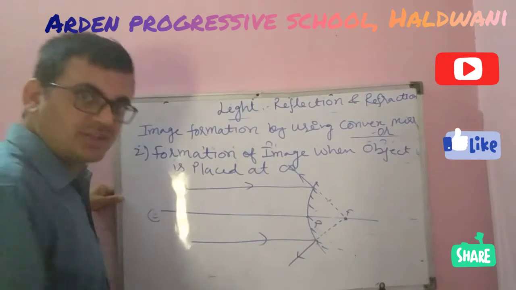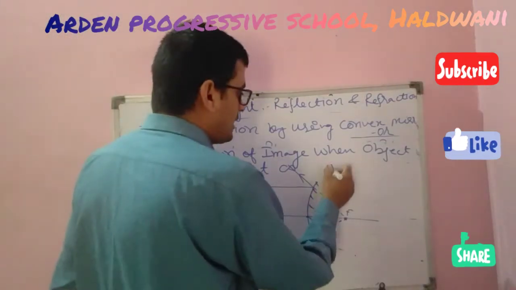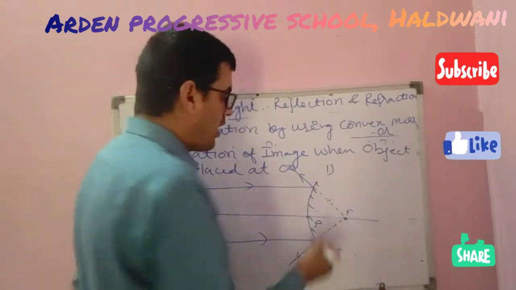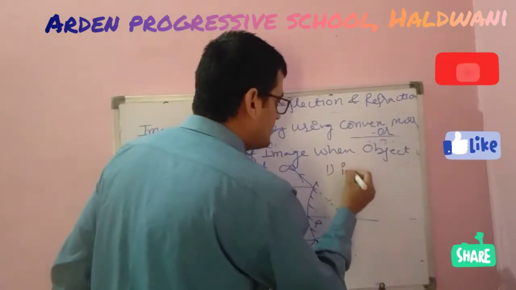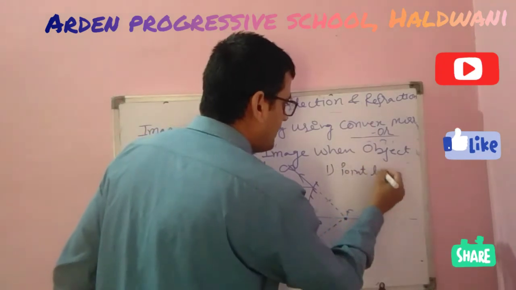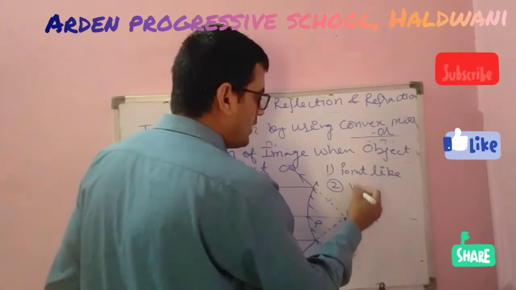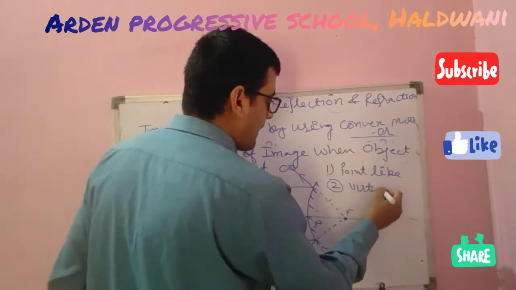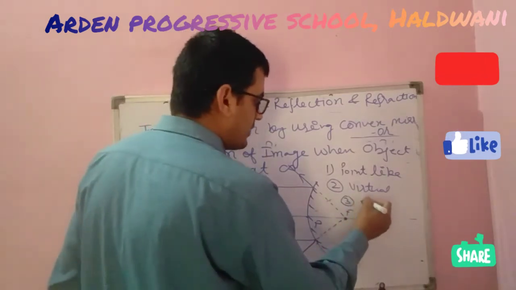So what will be the nature of this image? Students, the image will be very small, point like, diminished. Second one, virtual. Third one, erected.